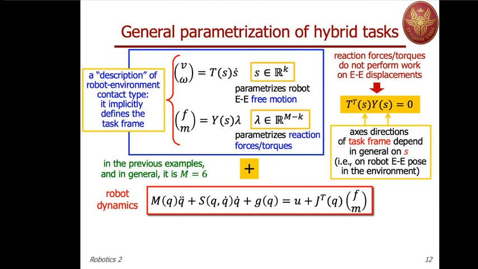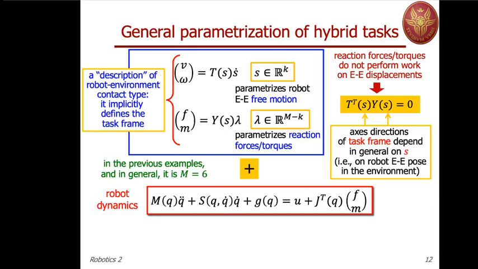Now, this is true even if we are not in contact. We are pushing the end effector with forces and torques, but when we are in contact, F and M should be parameterized by Y of s times lambda, and so we should substitute this inside this equation.